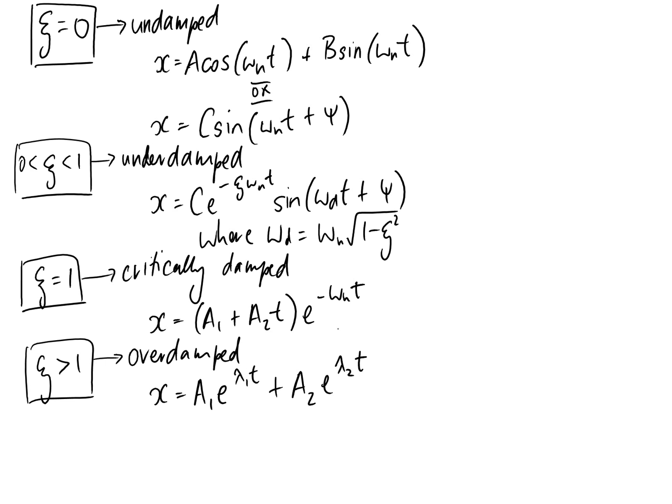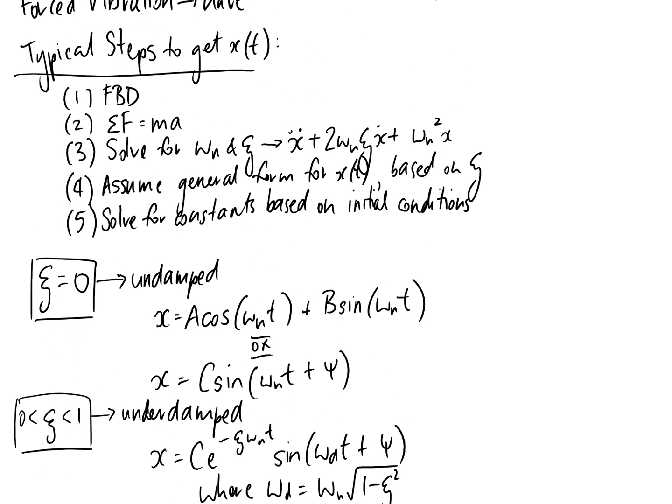These constants up the top you can solve for with what you already know. Okay, so those are all the different general forms of the equation that you need to assume based on your damping ratio back up in step 4 when you pick the general form.